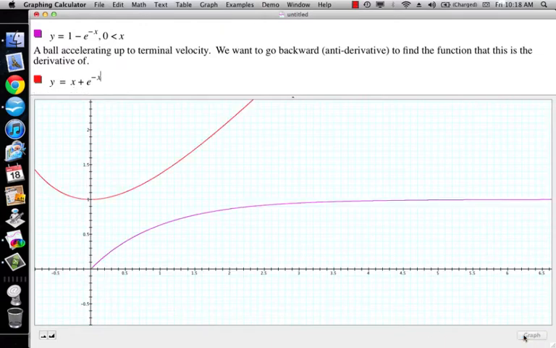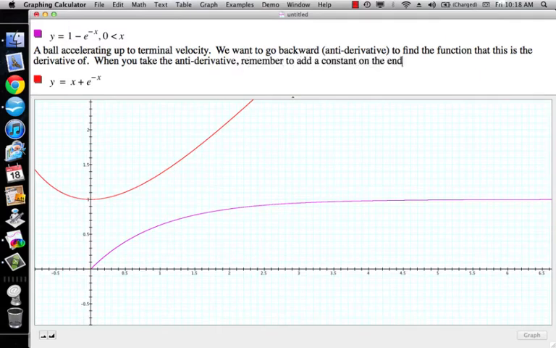my distance. Now this comes into the whole thing of when you take the antiderivative, because the derivative of x plus e to the -x is 1 minus e to the -x.